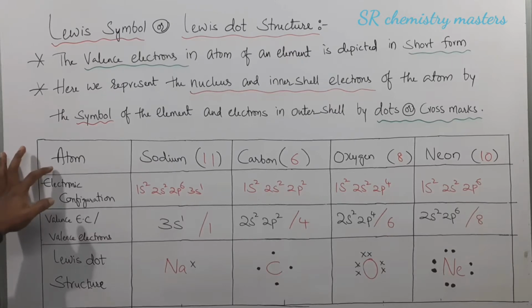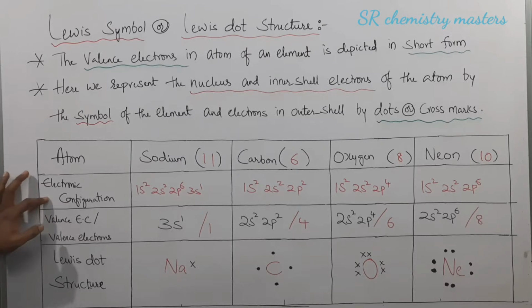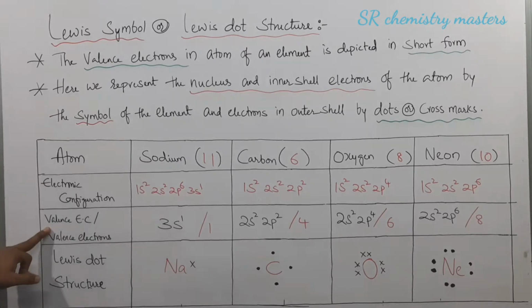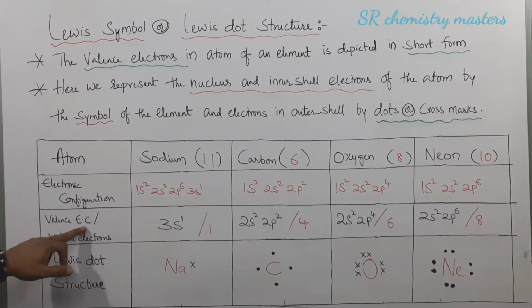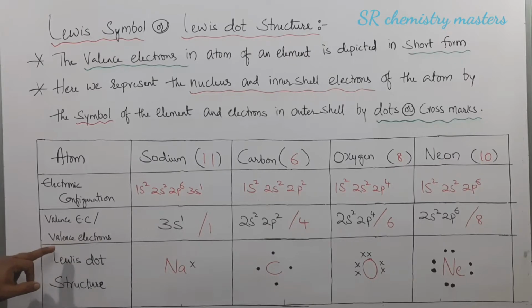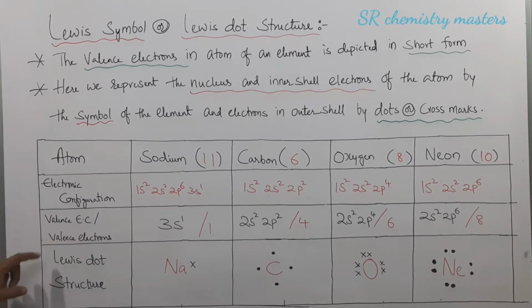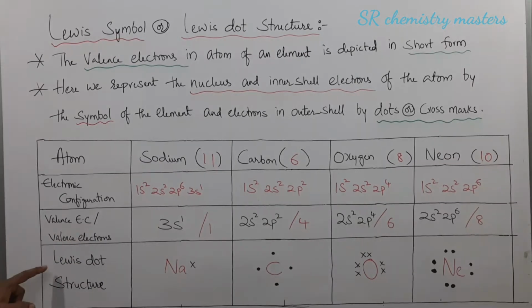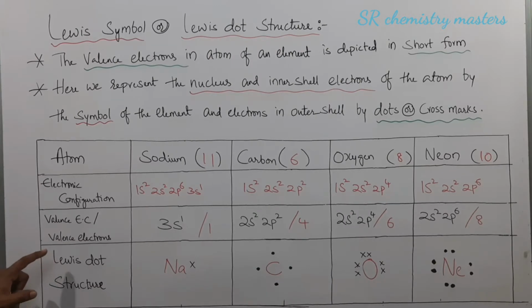The first box represents the atoms, the second box the electronic configuration of the atom, the third box the valence electronic configuration, or the number of valence electrons present in the atom. In the last box we show how to write the Lewis dot structure.